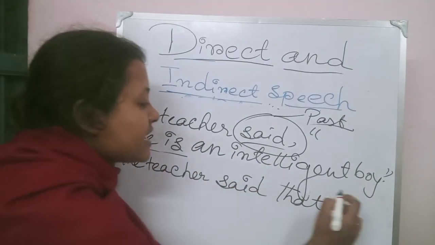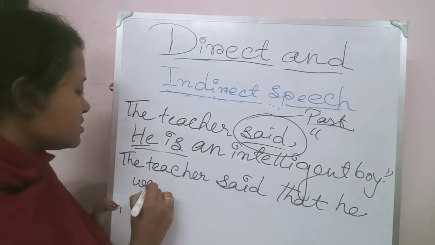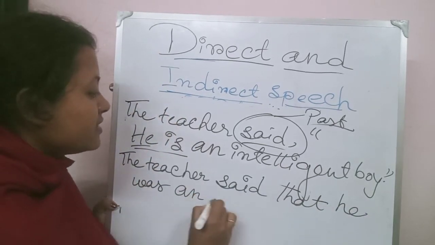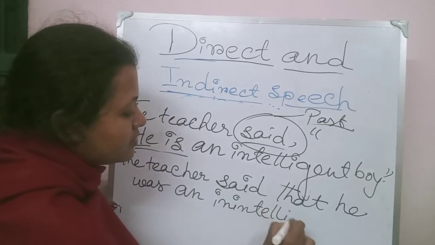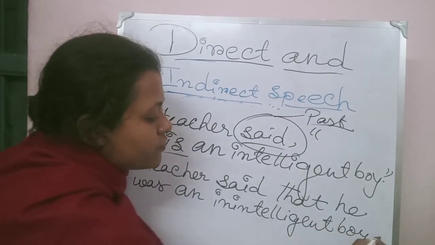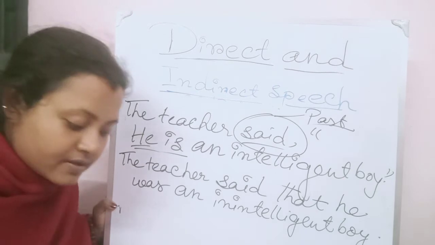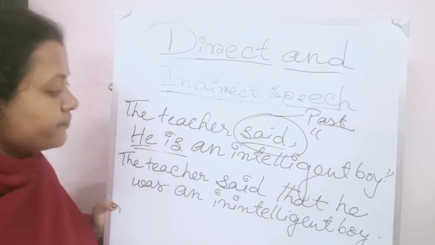So the teacher said that he "is" will be "was" an intelligent boy. Okay, give full stop at the end. So this is an example of indirect speech.